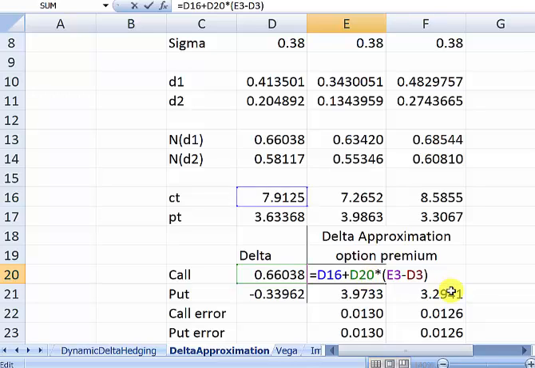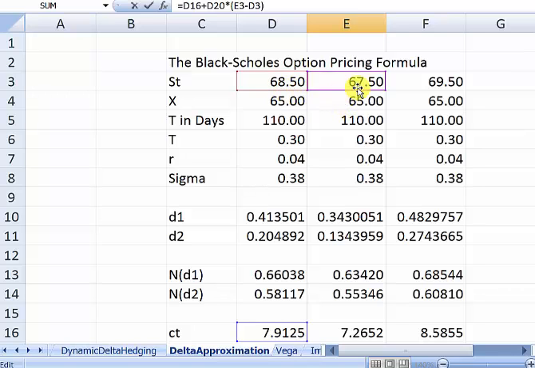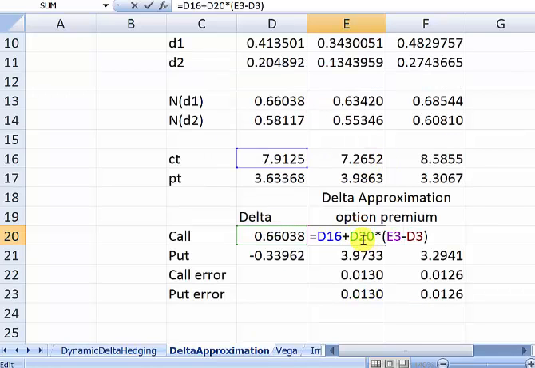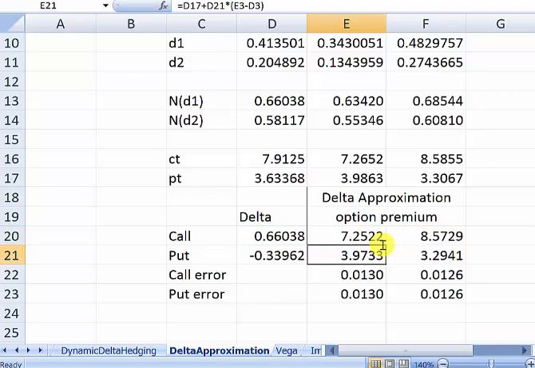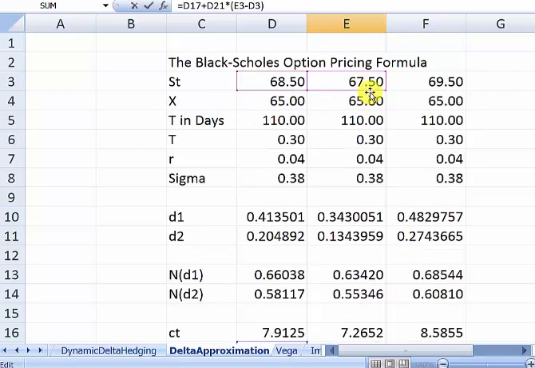So the formula here is basically where we have started, and then delta is the green number in the green cell, times what has changed, the difference between the two prices. Okay, so this is the delta approximated call premium, $7.25. In Black-Scholes it is $7.26 something. All right, for the put, it's still the same story. You start from the Black-Scholes put value, plus delta times the change in the underlying price.